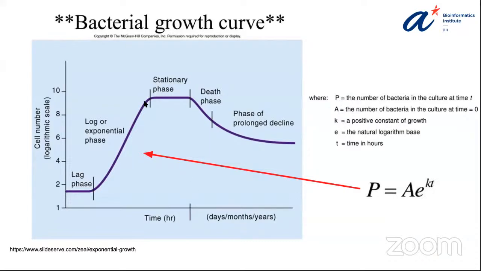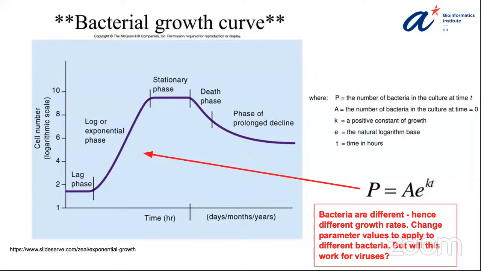is something that best fits this log phase for all kinds of bacteria, not just E. coli or not just bacteria A or bacteria B, but most bacterial growth, when the bacterial growth is in its log phase, can be explained by this particular model.